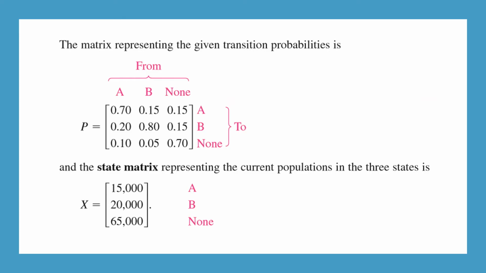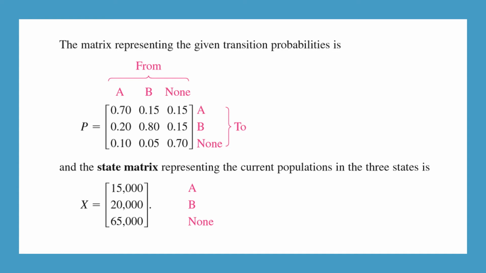Like this. If we take P to be the probability matrix, 0.7 are retained in A, 0.2 are moving to B and 0.1 are moving to no cable, no TV. The same way, the second row represents B, with the corresponding probabilities given in the question.